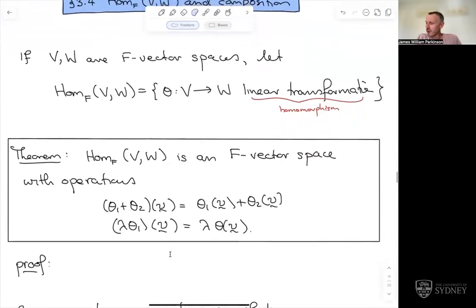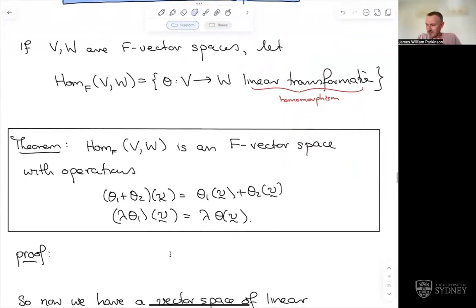All right, the first observation here. Just to reinforce what we're doing: we were looking at individual linear transformations earlier, and now we're going to put them all into a big set and look at all linear transformations together. The first theorem is that this is in fact an F vector space, and the operations are given here. So (θ1 + θ2)(v) is θ1(v) plus θ2(v), and λθ1 is the function whose value at v is λ times θ1(v).